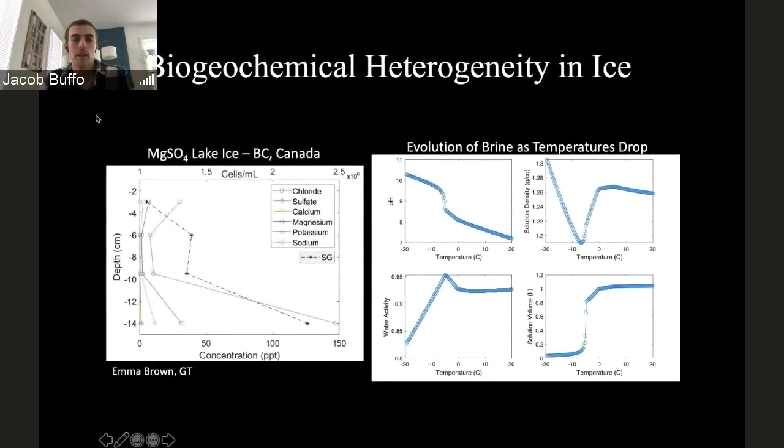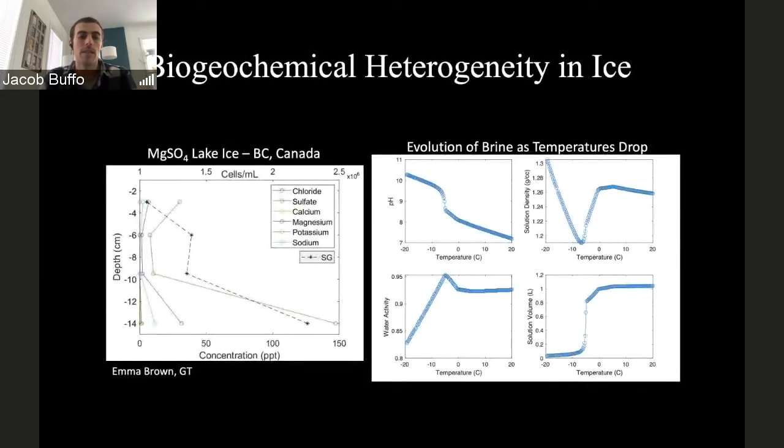And so this is a look at some of the work that we've done up in Canada, trying to look at this. This profile on the left is looking at ionic profiles in ice cores that we've taken, as well as the cell counts or the biomass concentration in that ice cover.